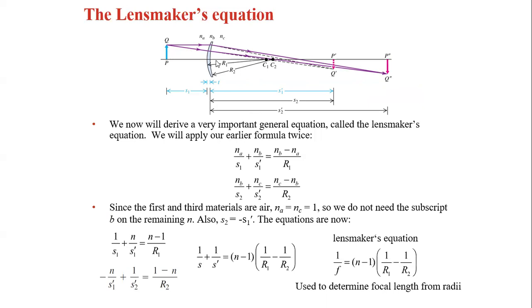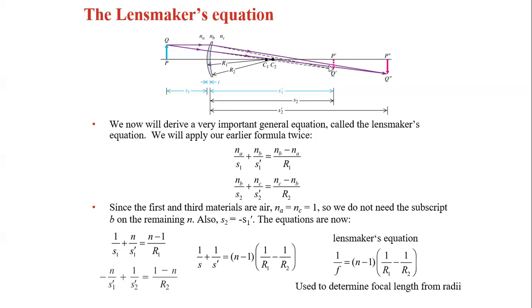We have two surfaces with radii r1 and r2, with centers c1 and c2. The first surface produces an image at point Q, and we treat the image of the first surface as the object for the second surface.